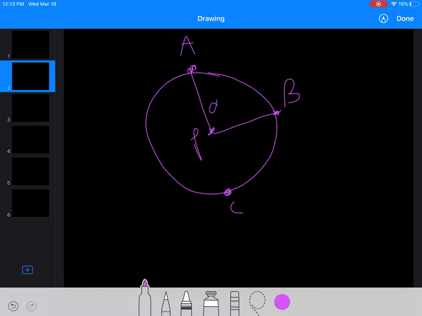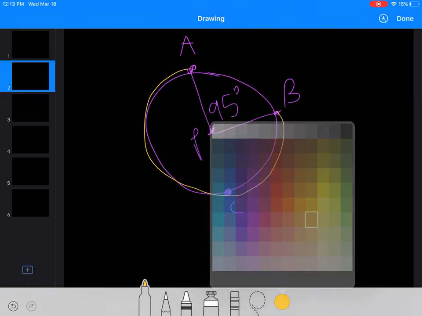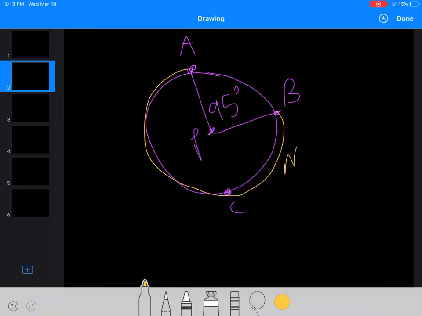The central angle was the same, 95 degrees. There's another arc on this circle, and it's known as a major arc. So let's use a different color to see that. So this arc on this side, going to B, is our major arc.